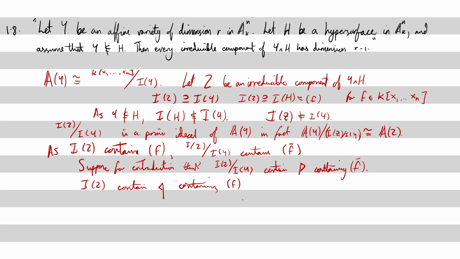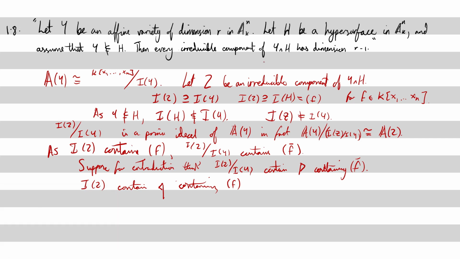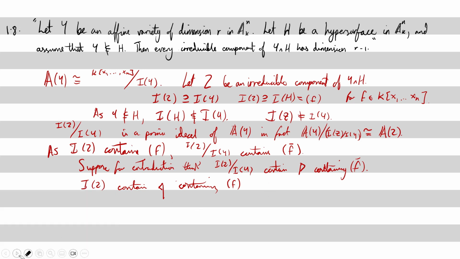But that would violate the minimality of I of Z within ideals which vanish on I of Y and I of H, as Z is an irreducible component. Its ideal is minimal, which is a contradiction. Contradiction.